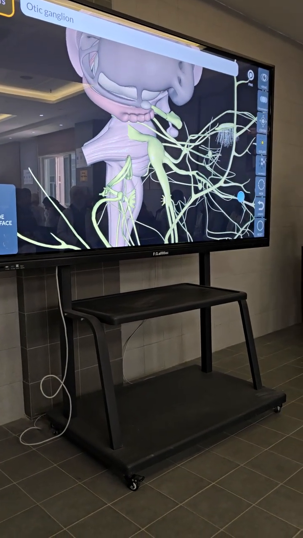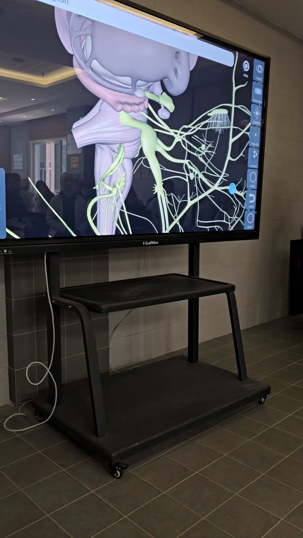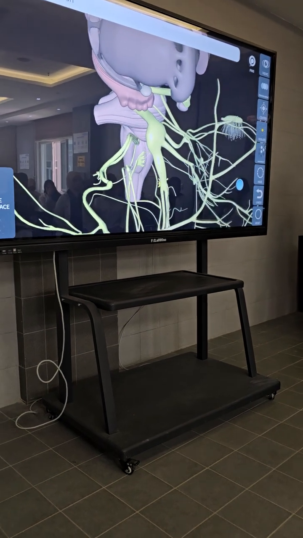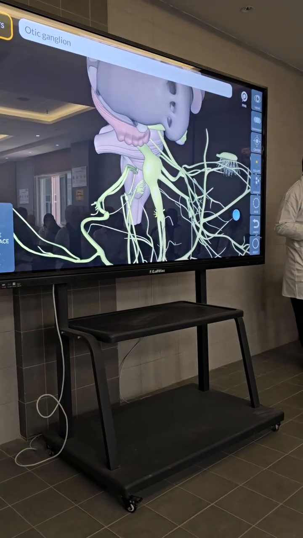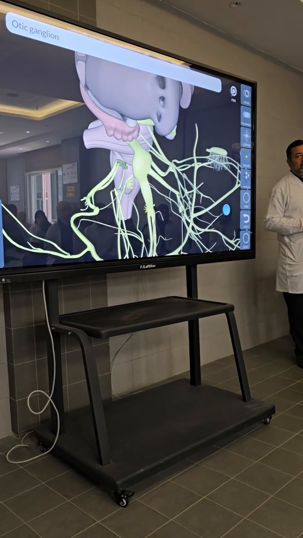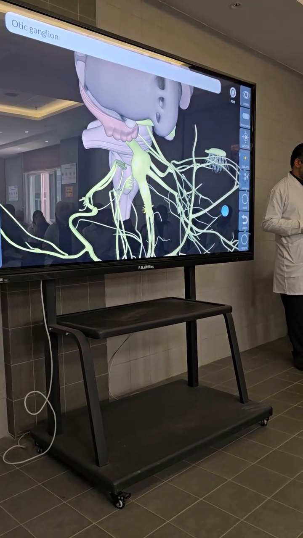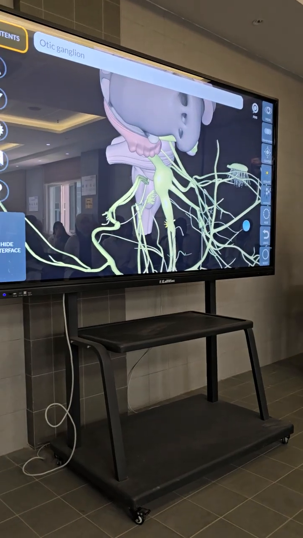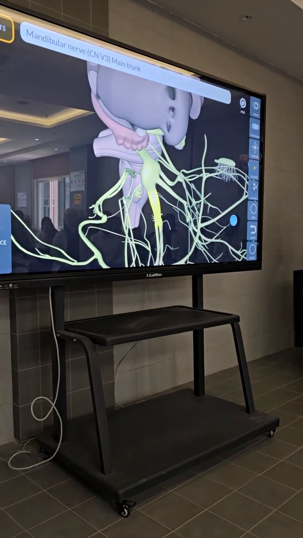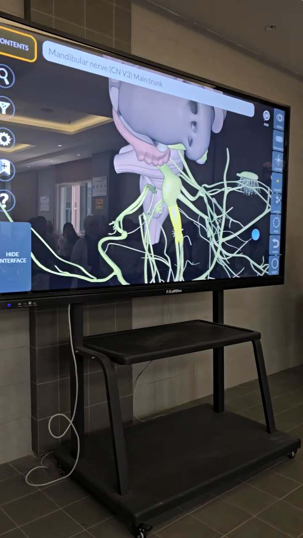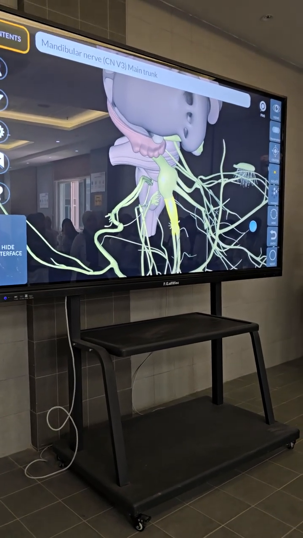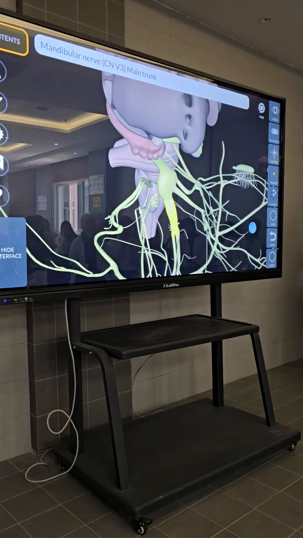And the mandibular nerve is the only nerve that carries motor fibers. I told you the ophthalmic branch and maxillary branch are completely sensory, but the mandibular branch is mixed, which means it has sensory and motor fibers.